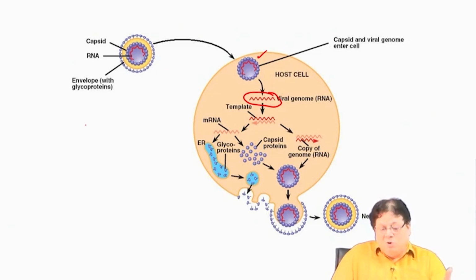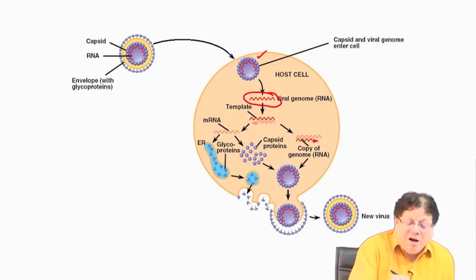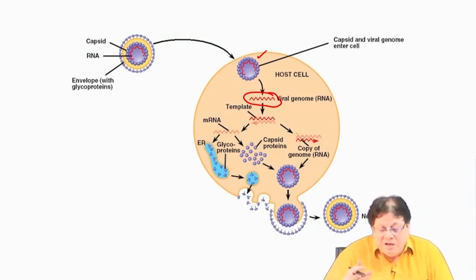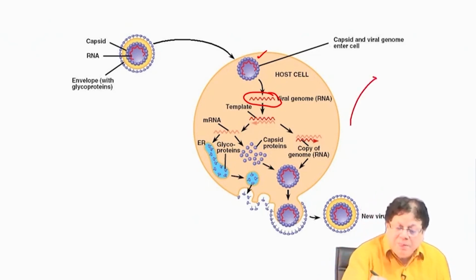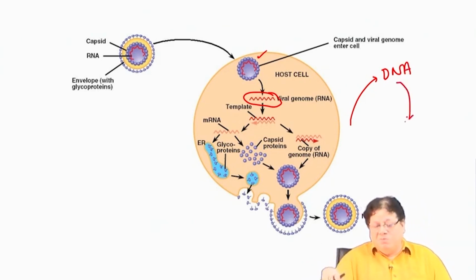It does not hold true in the case of retrovirus and RNA virus, because in an RNA virus the genetic material is RNA, and RNA cannot be integrated into the DNA. That is not possible, because the RNA has to be taken to the DNA, and then the DNA follows the typical replication, transcription and translation pathway.